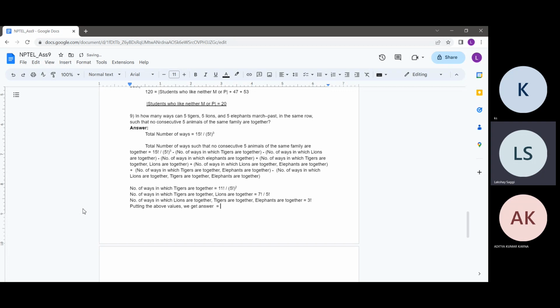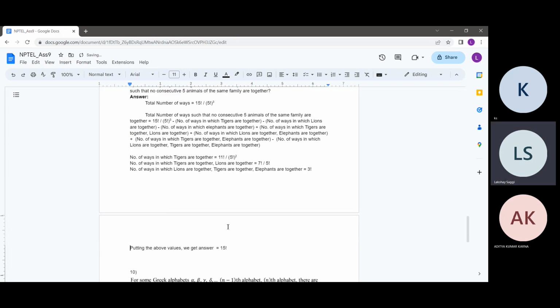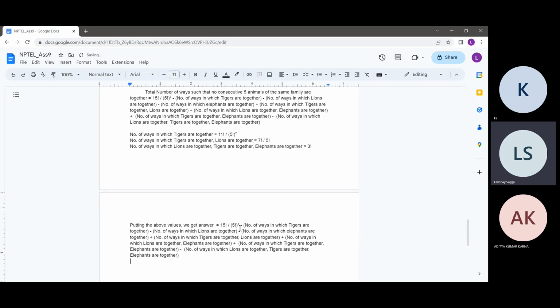You get answer equals to 15 factorial. Maybe I'll just write it down in next page only, since otherwise it can cause confusion. Factorial by 5 factorial cube. Maybe I'll just put in that formula again and now substitute the values.